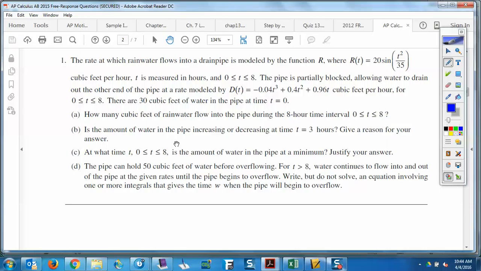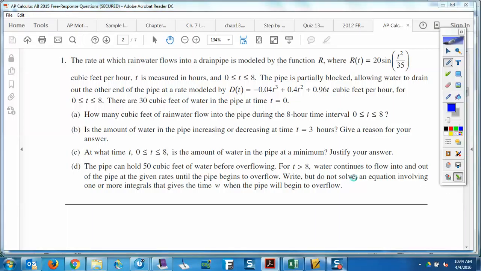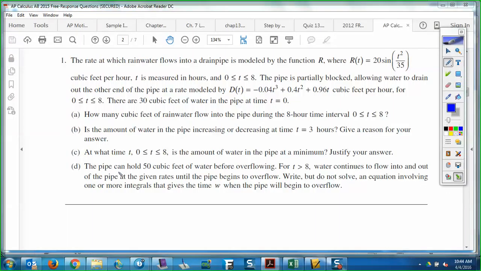Which normally that would probably be the case. So the water is going out at a different rate than what it's coming in. All right, and so that's from 0 to 8. And there are 30 cubic feet of water in the pipe at the beginning. Like we talked about that sand problem, there was no sand in there at the beginning, but now there is. The pipe can hold 50 cubic feet of water before overflowing.